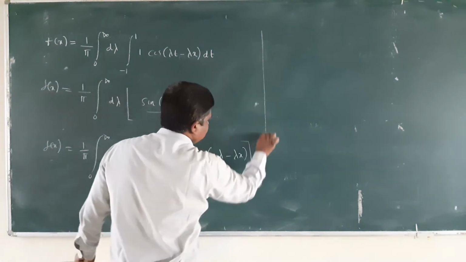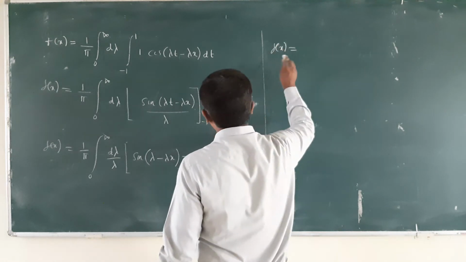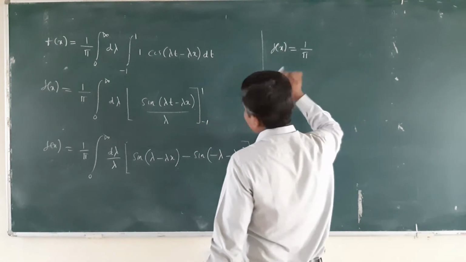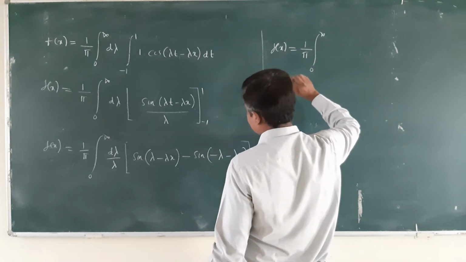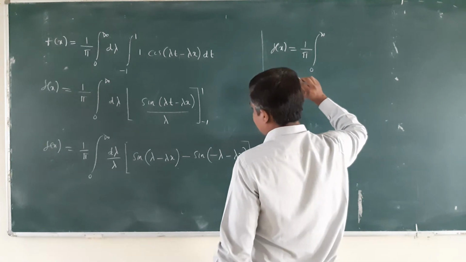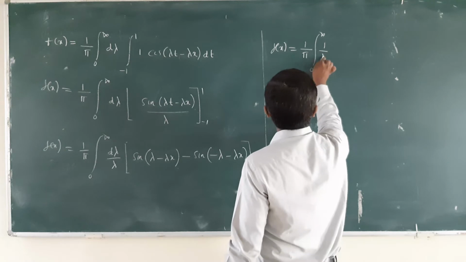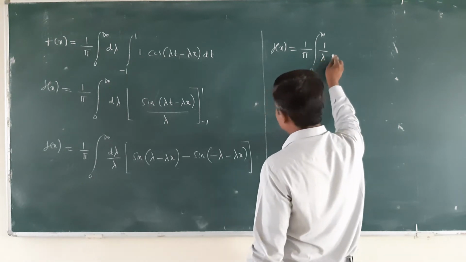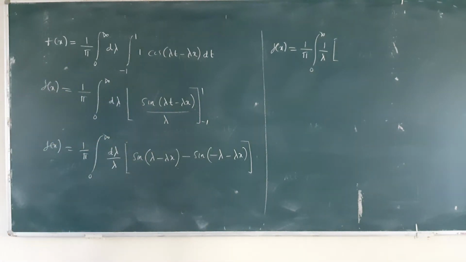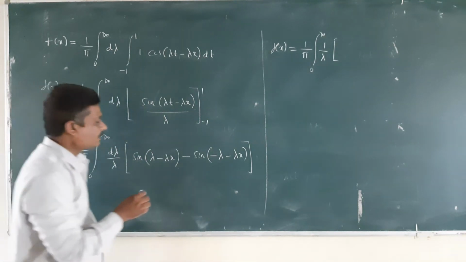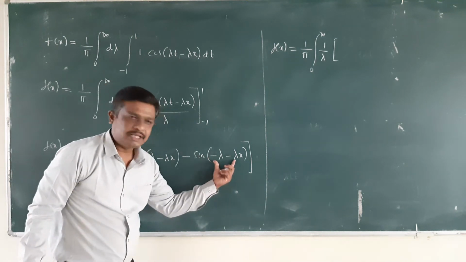Therefore, f of x is equal to 1 upon pi, 0 to infinity, 1 upon lambda into, here I will take minus common inside the bracket.